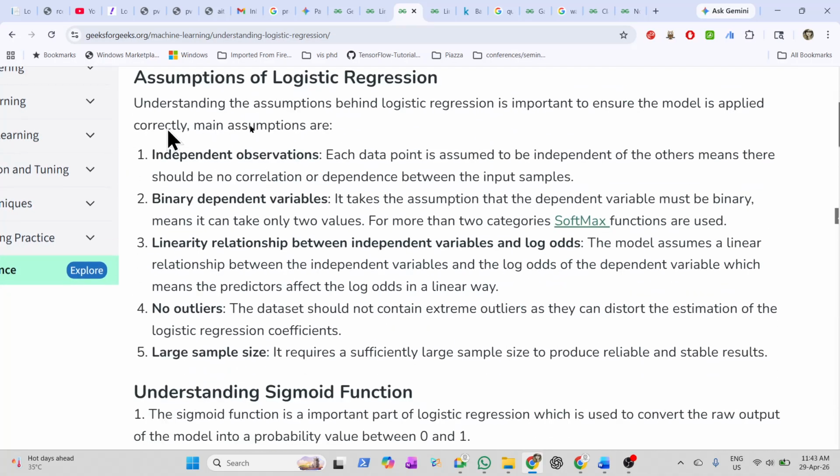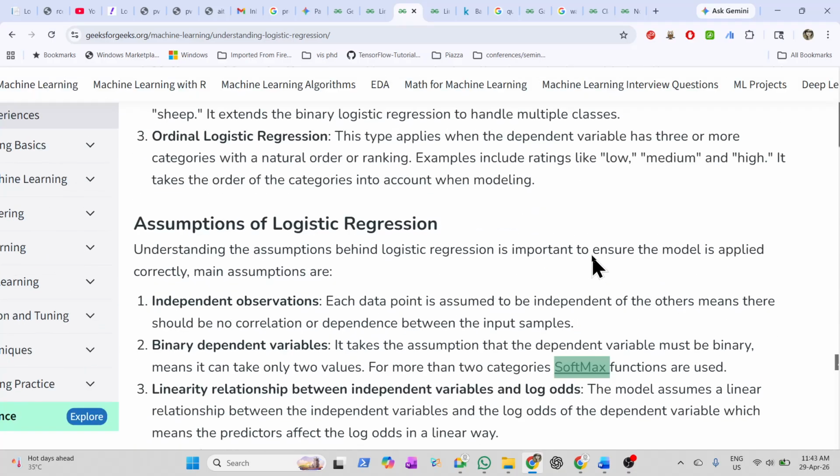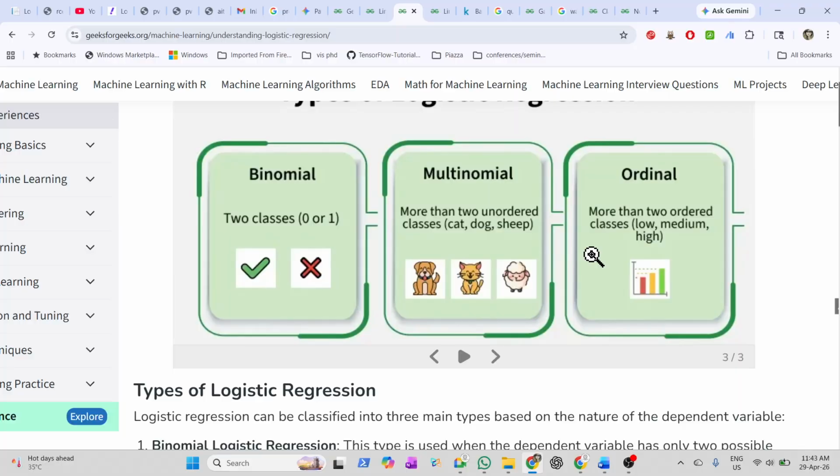Okay, then assumptions of logistic regression. Each data point is assumed to be independent, and the dependent variable must be binary. For more than two categories, we have to use the softmax function. Note down this point also, a very important point. Basically, logistic regression is used for binomial classification, but it can also be used for multinomial.